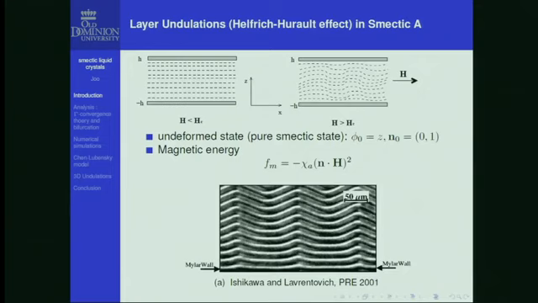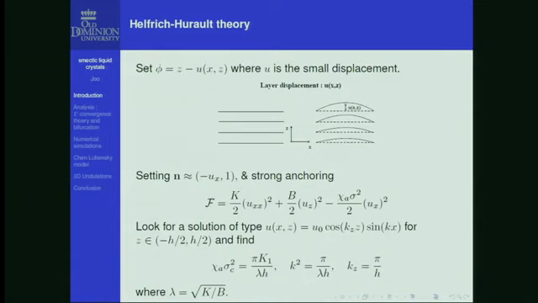But above this threshold, undulation occurs. This is just a schematic picture, and this is the experimental picture done by Ishikawa and Lavrentovich in 2001. In order to understand this phenomenon, we add this magnetic energy into our free energy. This is the last piece of my free energy.